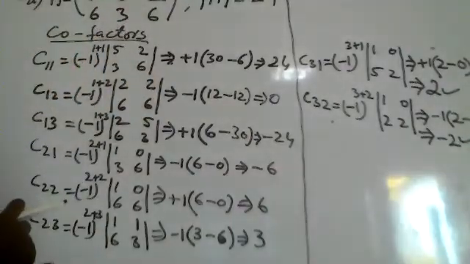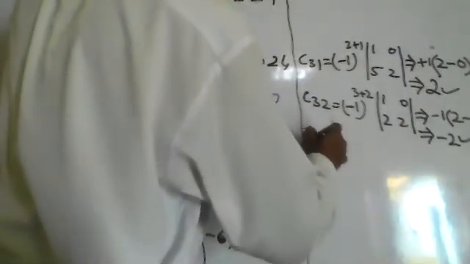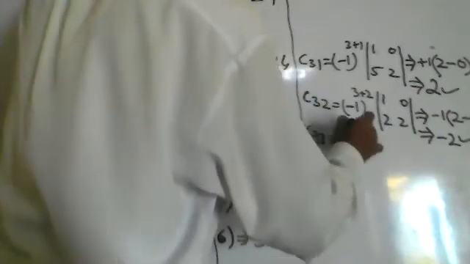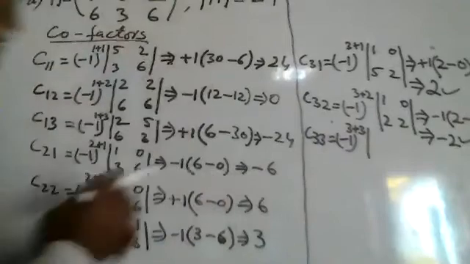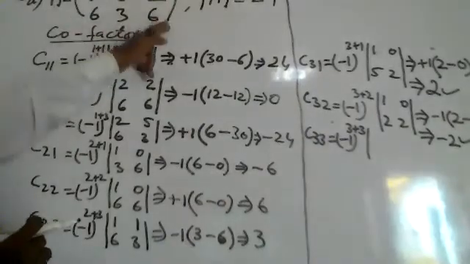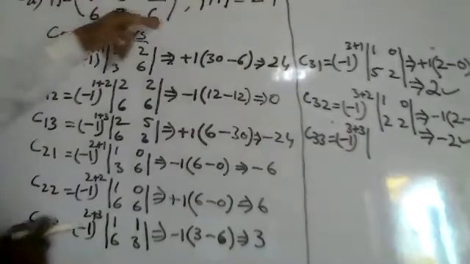Now C33. Minus 1 raised to power 3 plus 3. We leave the third row and third column. The remaining 1, 1, 2, 5.